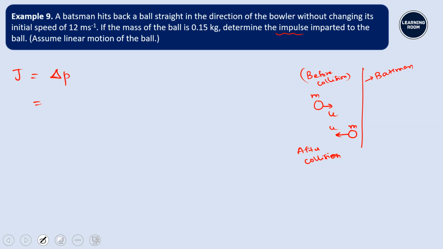If I take the rightward direction as positive, then the impulse is minus mu. Okay, right, the next step, try to understand.